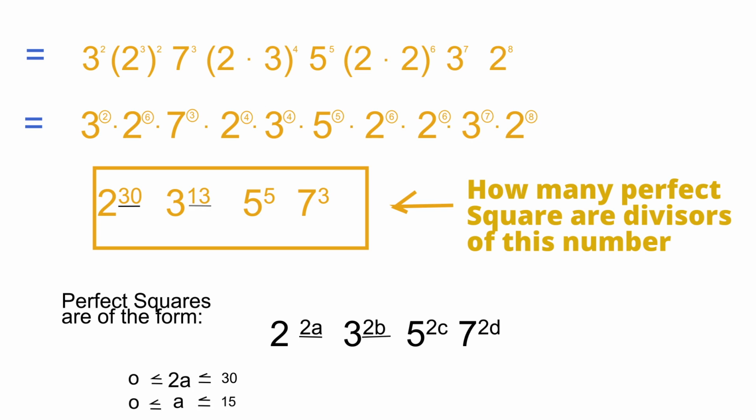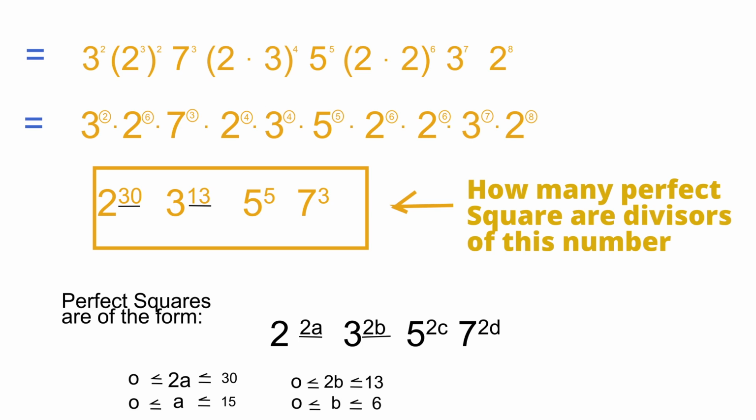Okay? For the b's, if you compare that to the exponent that the base 3 has, you'll see that 2b is between 13 and 0. So that means b has to be between 6 and 0. B can't be a decimal, right?